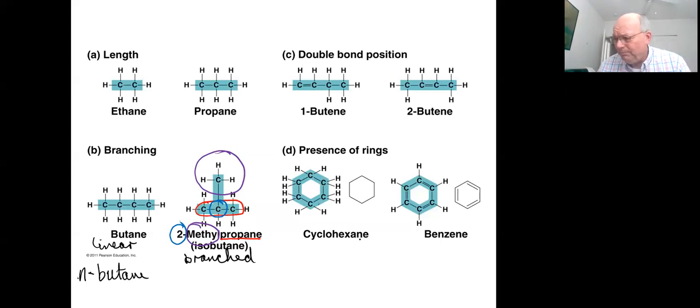And then we have a very unusual molecule called benzene. The name benzene doesn't actually follow the IUPAC naming conventions. The reason is that this name was given to this molecule very early on in the history of organic chemistry. And it is such an important molecule in industrial chemistry that it forms the basis of a whole area of organic chemistry by itself.